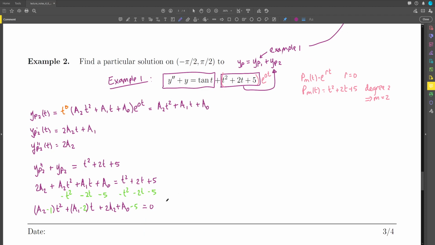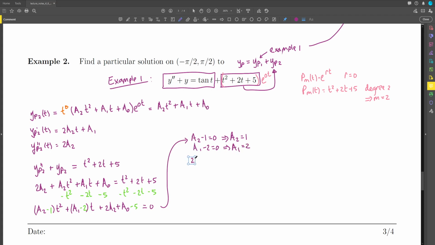So what that means is, since this has to hold for all t, it means that a2 minus 1 equals 0, and so a2 equals 1. It also means that a1 minus 2 equals 0, so it follows that a1 equals 2.